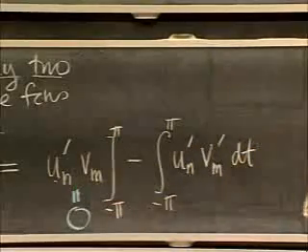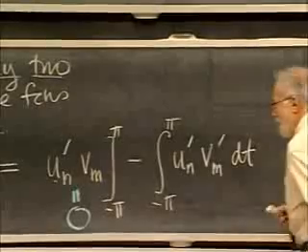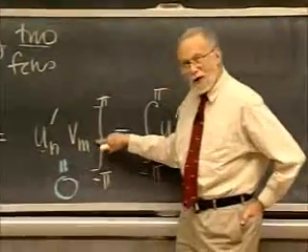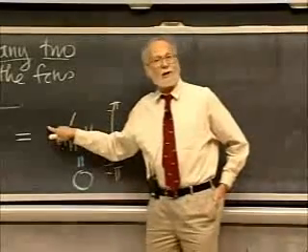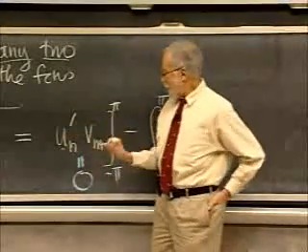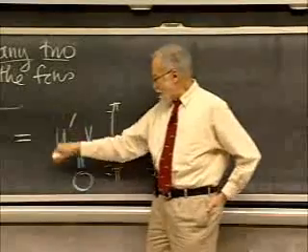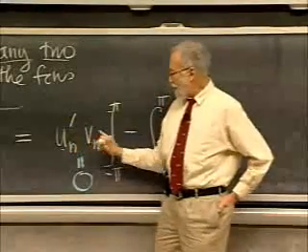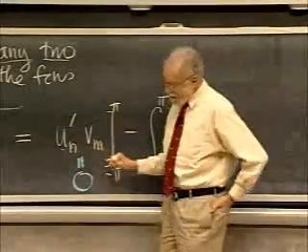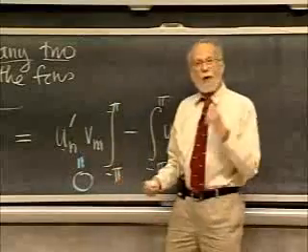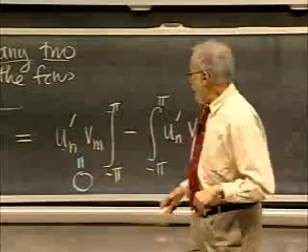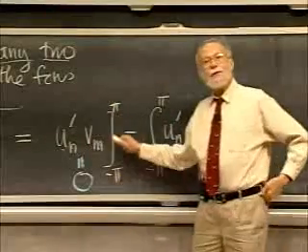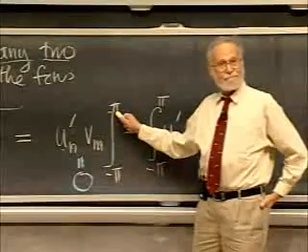So the only case in which we might have a little doubt is if this is a cosine, and after differentiation, this is also a cosine. In other words, it might look like cosine nt times cosine mt, but I claim that that's 0 too. Why? Because the cosines are even functions, and therefore they have the same value at both ends.